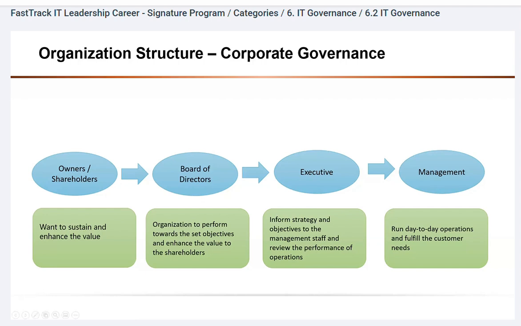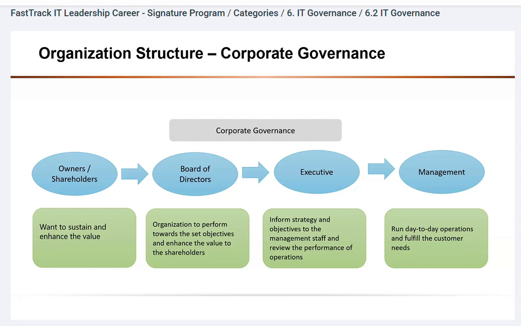So where does corporate governance come in here? Corporate governance is between the board of directors and the executives. Their main interest is to make sure of the do's and don'ts of the company, define the policies, or define the direction so that the management has something to follow and build on top of.